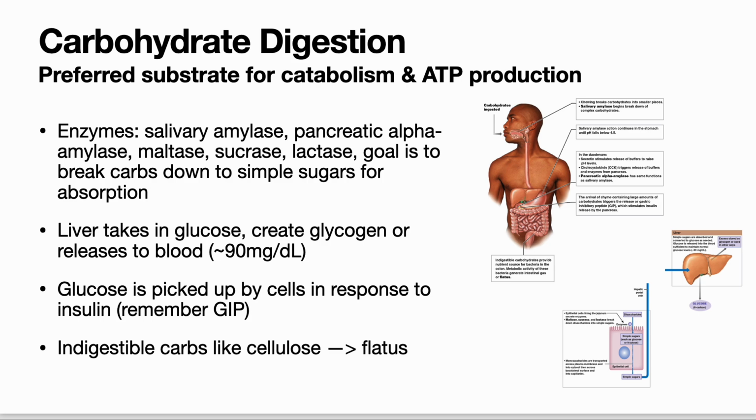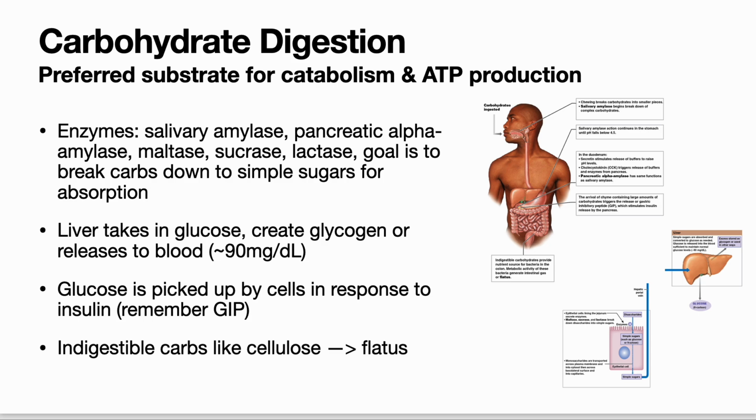The liver will most likely convert the glucose into glycogen, which remember is just a whole bunch of glucoses covalently bonded together, and that allows us to store that glucose for longer periods of time and not have it floating around in the blood, elevating our blood sugar levels. But when the body needs those simple sugars, glycogen can be broken down by the liver, and that glucose can be released out into the blood supply for cells.